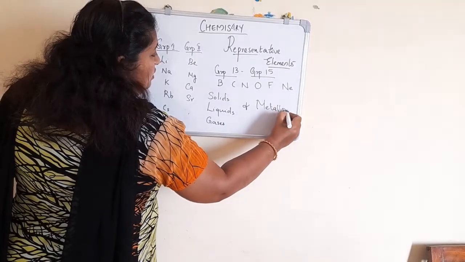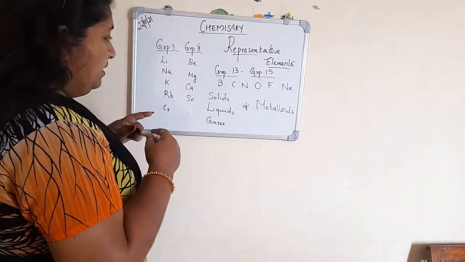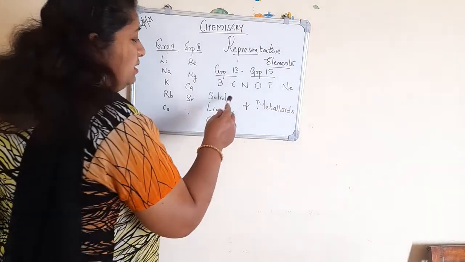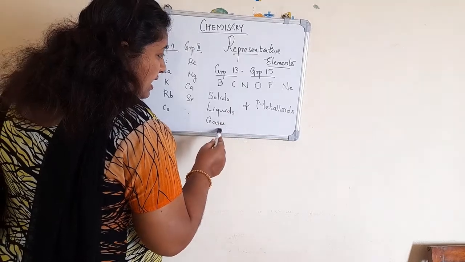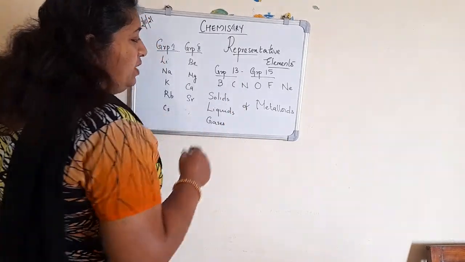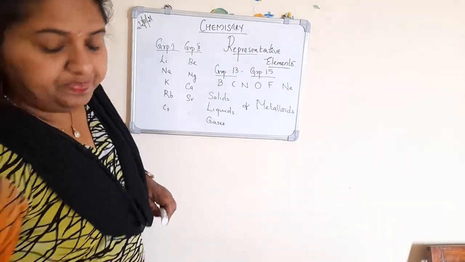So, what all you can find? You can find metals here, which are solids, liquids are there, gases are there and metalloids are also there.